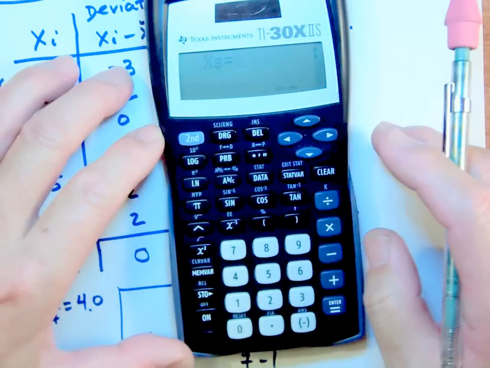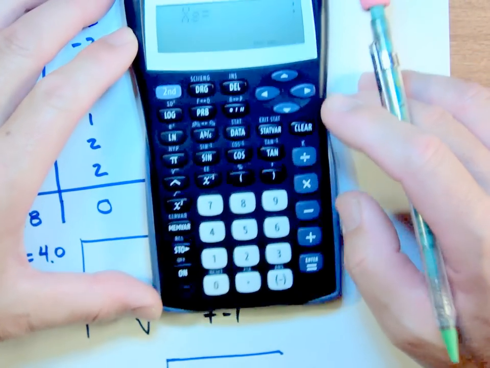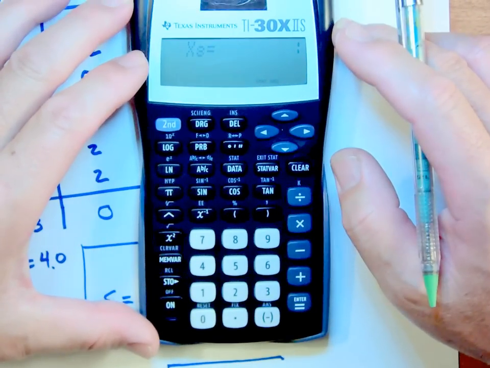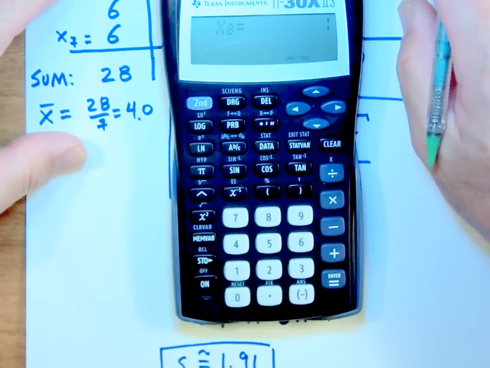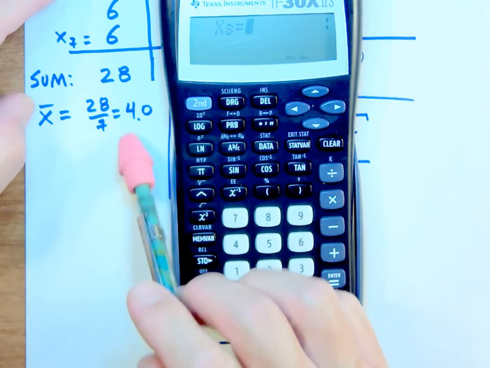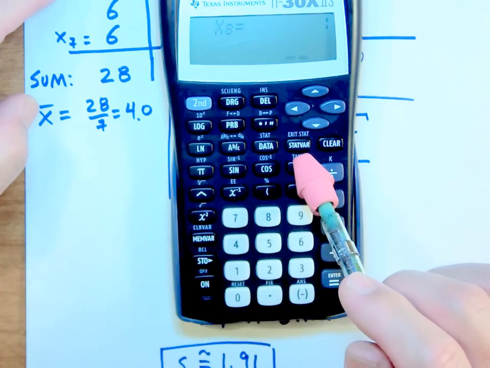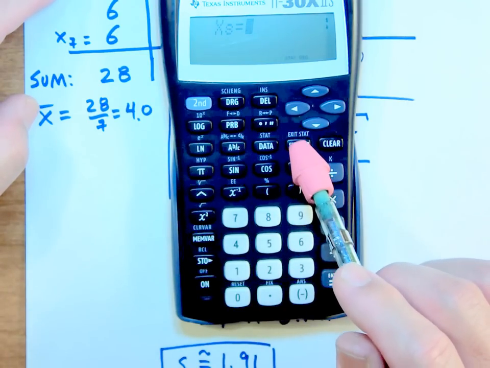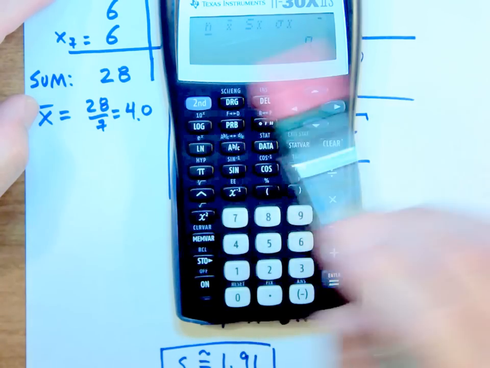Now we're done entering the data. We go into the so-called stat variable and tell it to compute the mean and standard deviation. It's very important that you verify the mean is the same. So punch in stat variable, and it'll give you a whole bunch of lists.